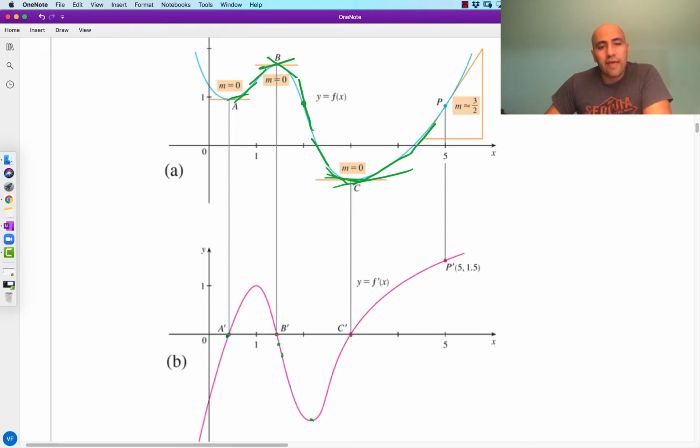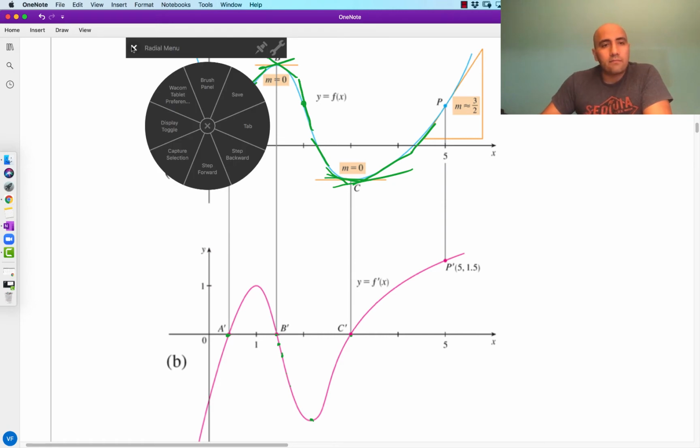We start off at a zero slope at point A, and then as we move a little bit to the right, we get slightly larger positives, bigger positives, bigger positives. We experience the largest positive slope somewhere near the middle of this graph. And then we begin to slow it back down again, and the angle gets a little bit smaller, and we get closer and closer to zero again. So that's what this describes.